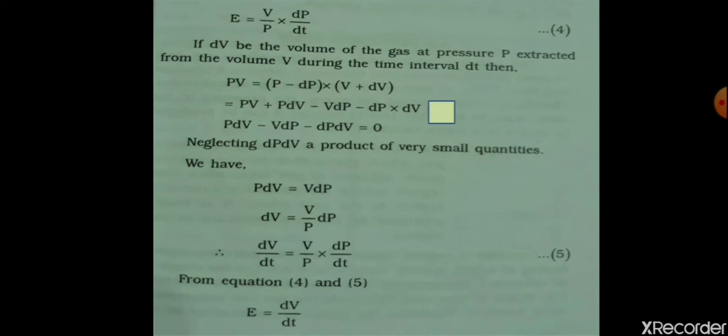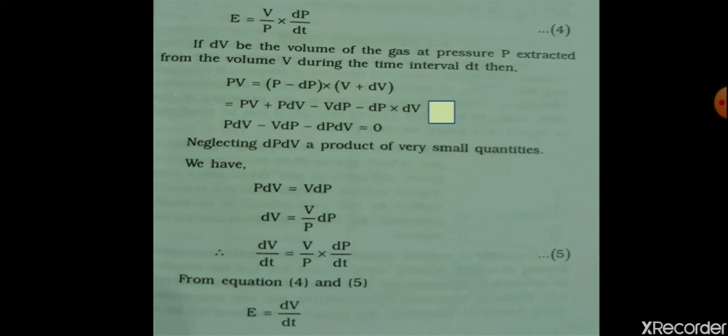Now PV on both sides vanishes, and what remains is PdV minus VdP minus dPdV is equal to 0. Neglecting the small term dPdV, as the product is very, very small, PdV is equal to VdP. Then dV will be equal to V by P into dP, and dividing throughout by dt, you will get dV by dt is equal to V by P into dP by dt.